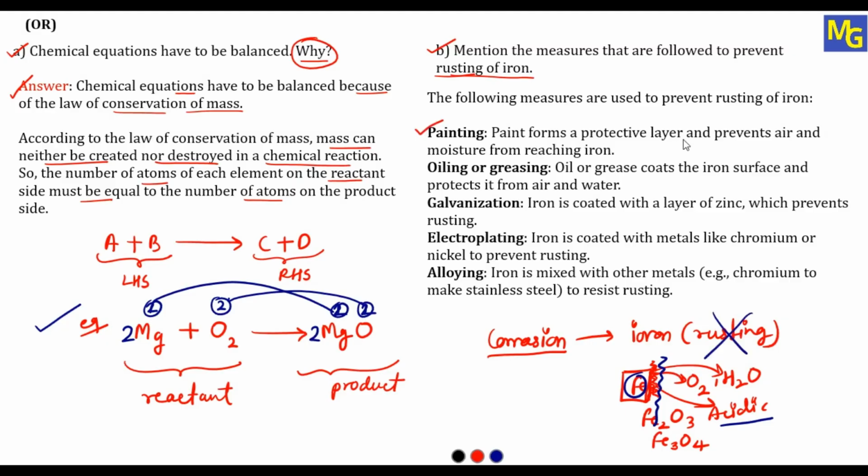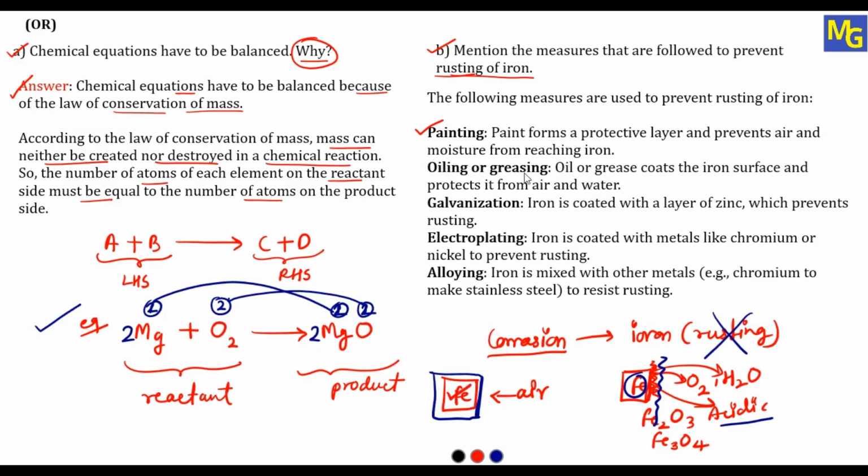Paint forms a protective layer and prevents air and moisture from reaching the iron. It is a very simple method which is commonly used. If this is a machine made up of iron, to prevent contact with air, the whole machine will be painted. Once you paint it, the iron is inside and the air is outside, so air cannot directly contact the iron, and therefore the iron will be safe.